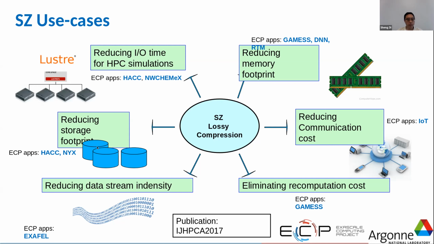It can also be used to reduce storage footprint or memory footprint, communication costs, or reducing data streaming. For details, you can read our paper published in IEEE HPCA 2017.